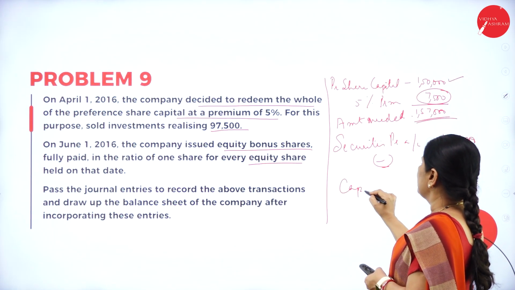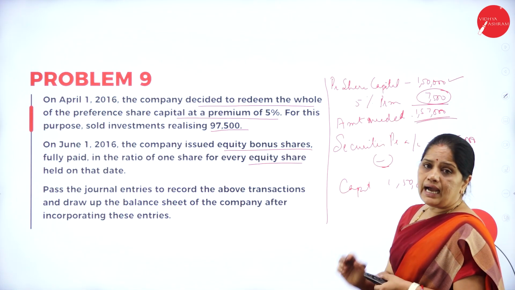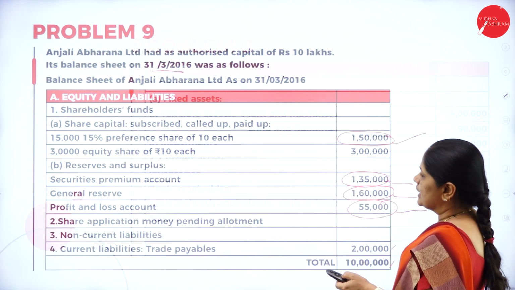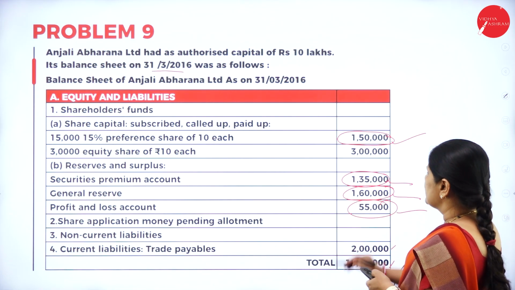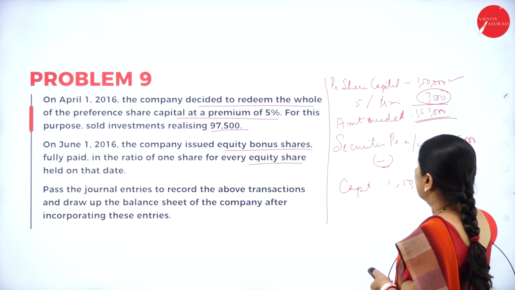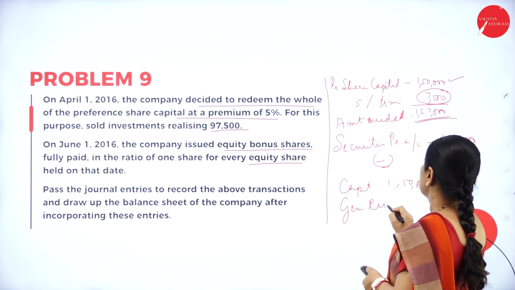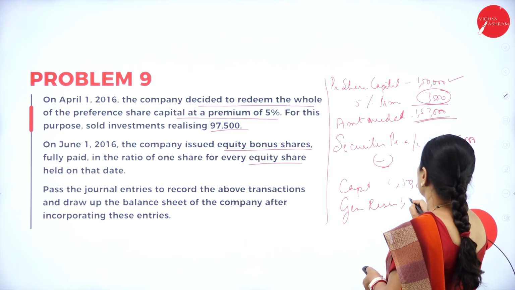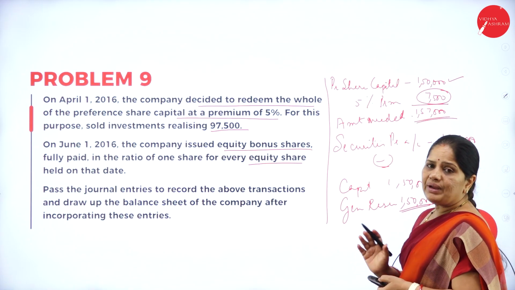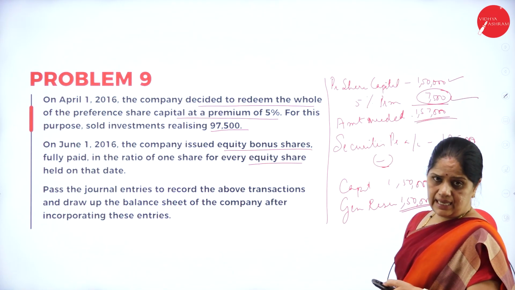This 1,50,000, I can take it from the general reserve, if you can see in the balance sheet, there is 1,60,000. From the general reserve, I am making use of the 1,50,000. So, I have made arrangement for the premium and for the payment of the capital.